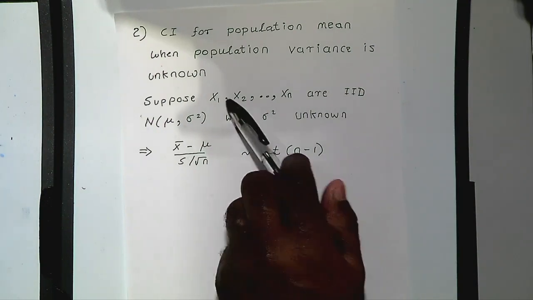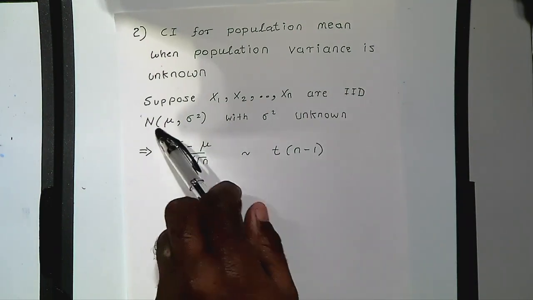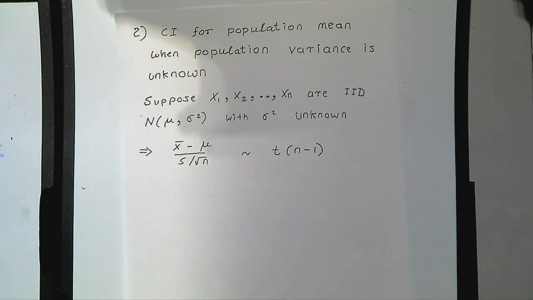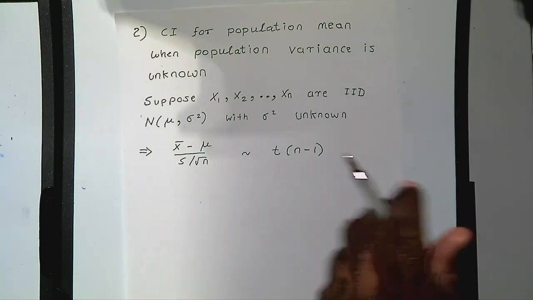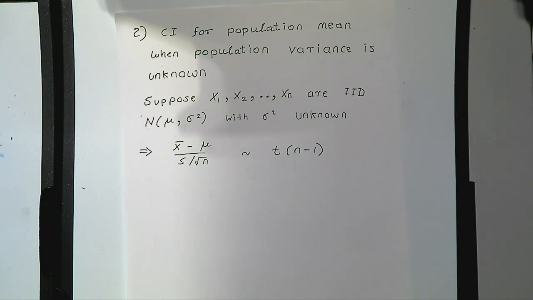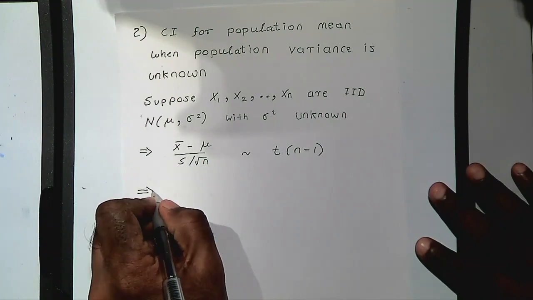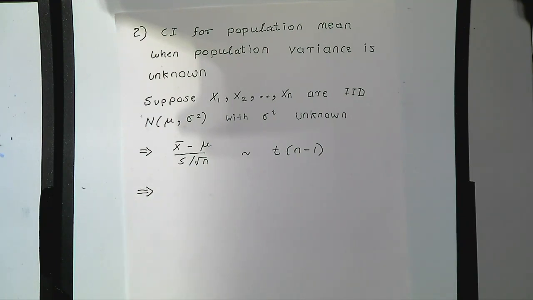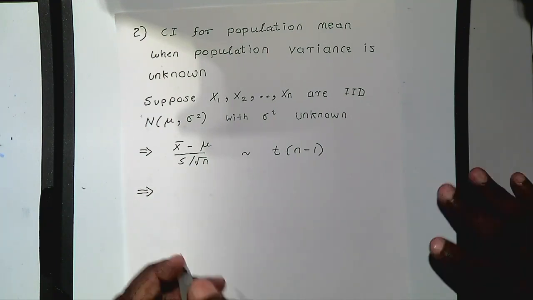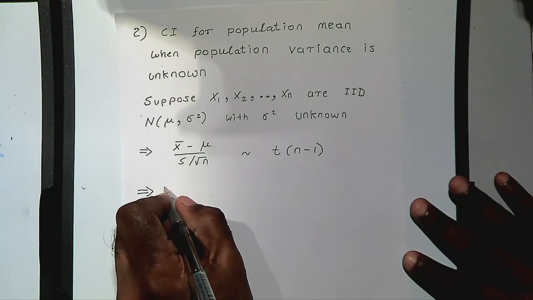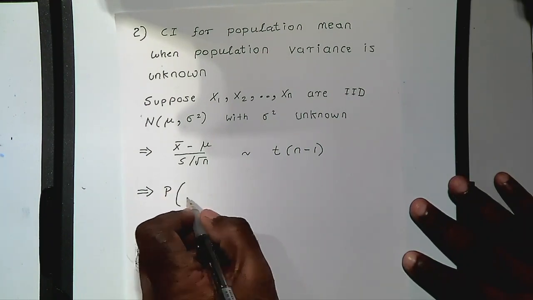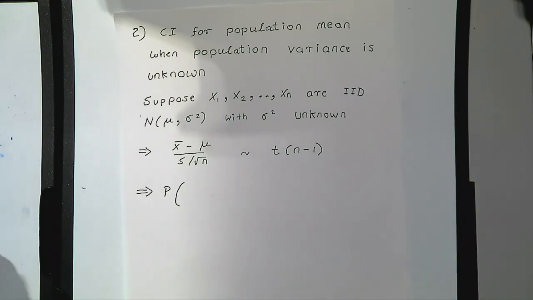So we are supposing we have an IID data from normal, but with sigma squared unknown, right? This is a property I mentioned to you some time ago. It's in the scan notes. Just look it up, guys. So this implies the following, guys. It implies that the probability, let me show you the graph.